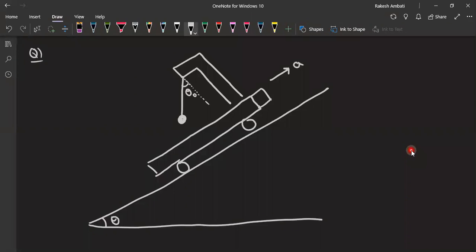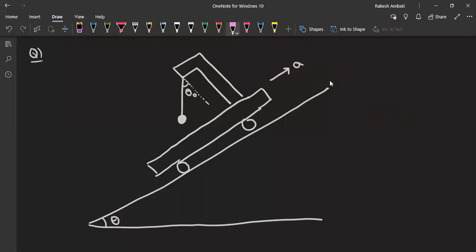So we have to find theta naught. The pendulum is deflected through angle theta naught, and we have to find the theta naught value.